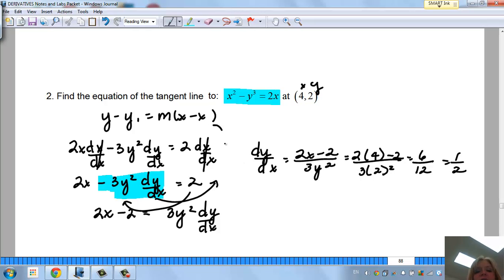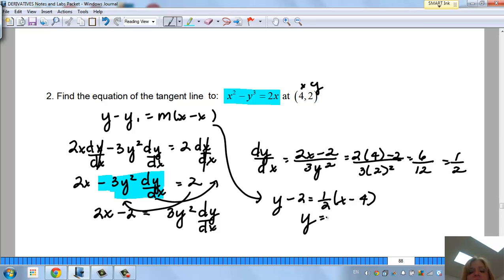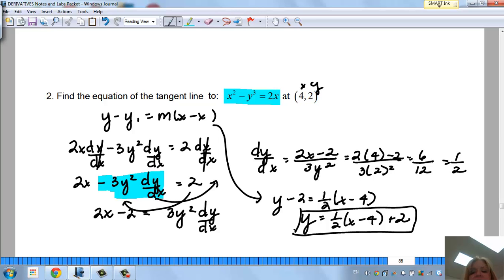So I have y minus 2 equals the slope of a half, times x minus 4. So I have y equals a half x minus 4, plus 2. And there is the equation of the tangent line.